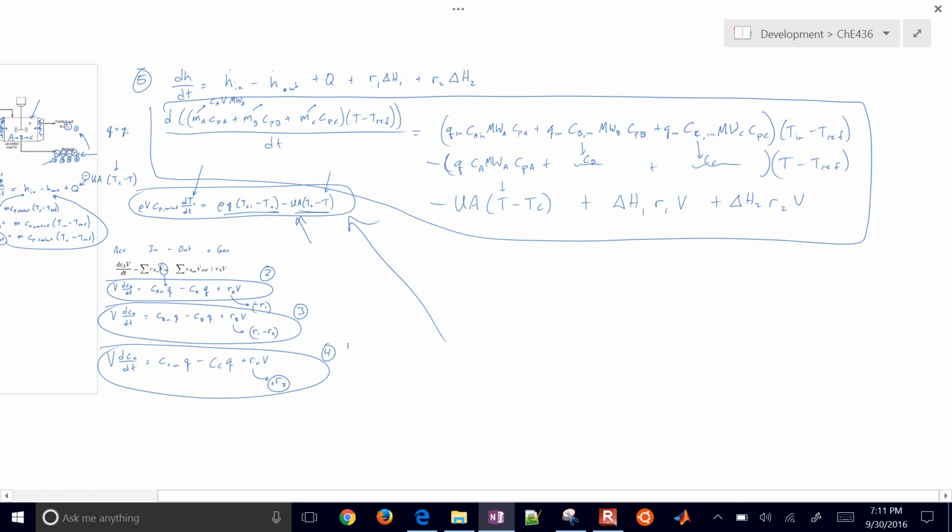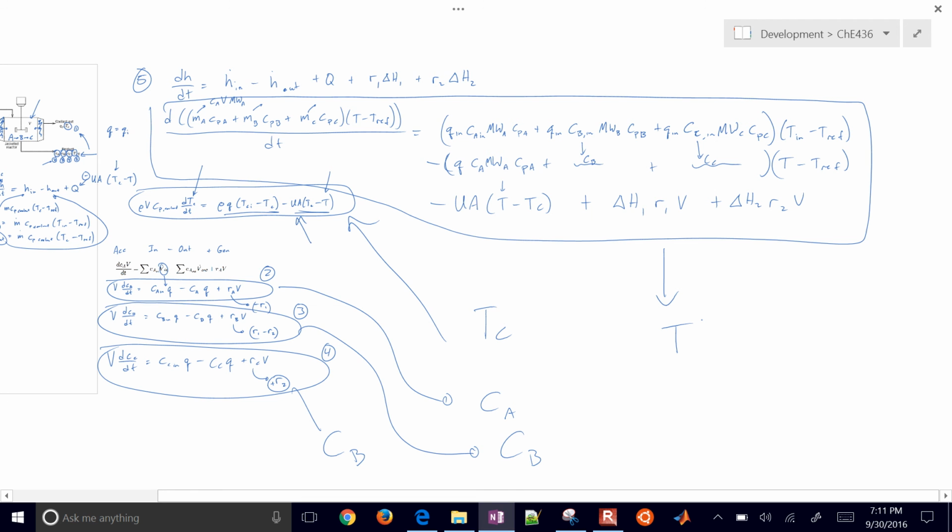So in terms of why we use these equations, this first one will give us TC. This one will give us concentration of A, concentration of B, and concentration of C. And this one will give us the temperature of our reactor.